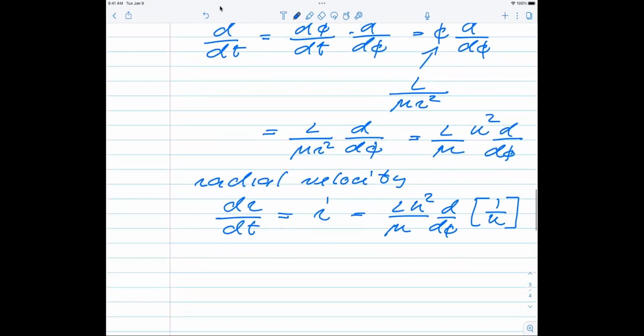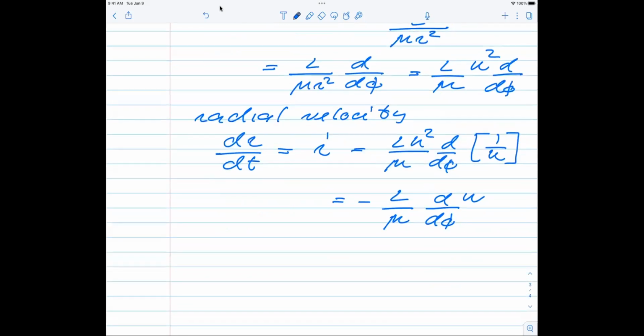So if I now rewrite it, I take the derivative of this u with respect to phi, and I can rewrite that in terms of minus L divided by mu, and I have the derivative of 1 over u, which gives me minus 1 over u squared, and I have u squared in front of the equation, so this simplifies to minus L over mu times d u d phi. Let me know if something is unclear.